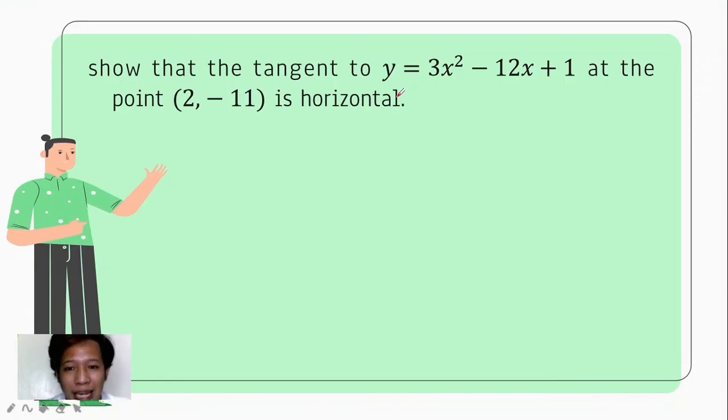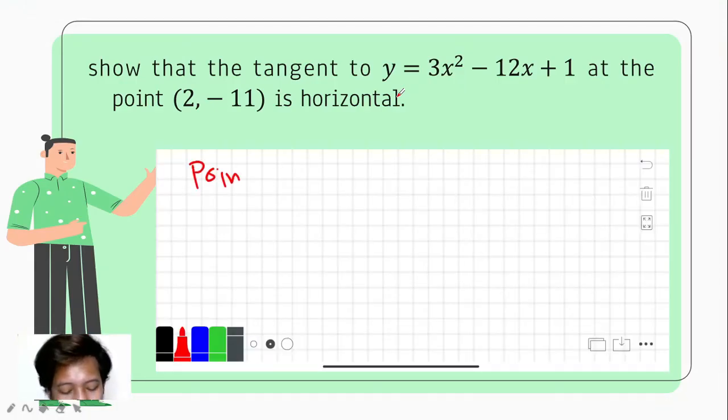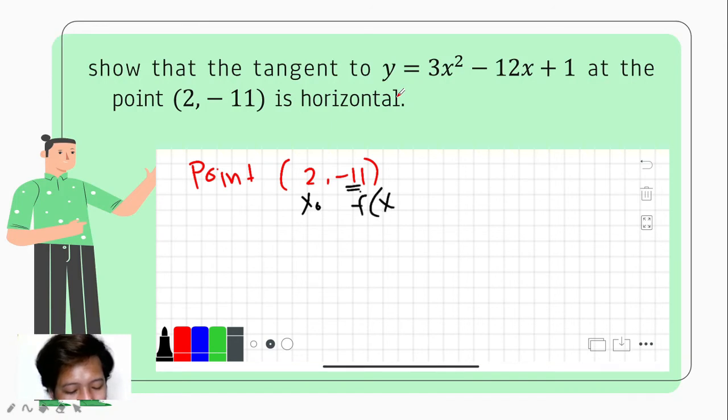Alright, so given that, meron tayong point, ang coordinates ng point ay 2 comma negative 11. Hence, this is our x sub 0 and negative 11 is our f of x sub 0. Kasi kapag sinubstitute mo yung 2, ang lalabas ay negative 11 dun sa function. Alright?